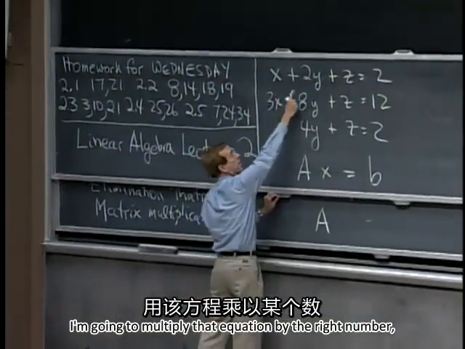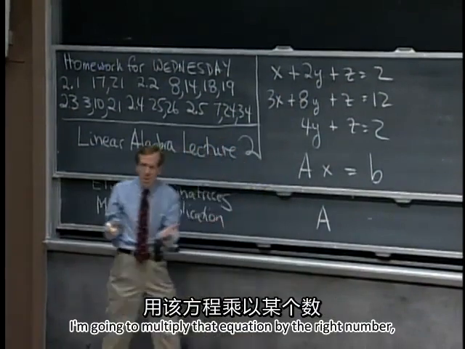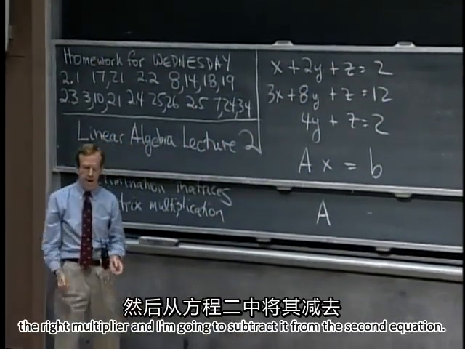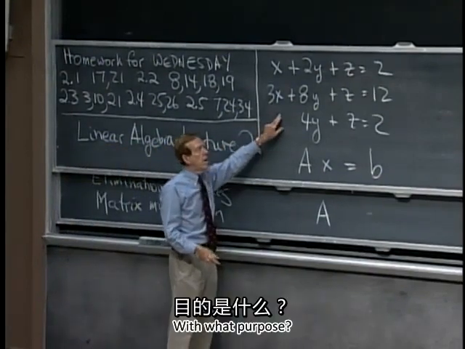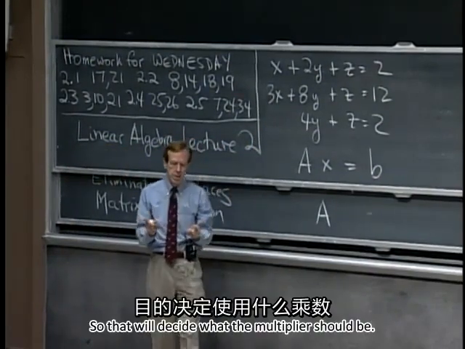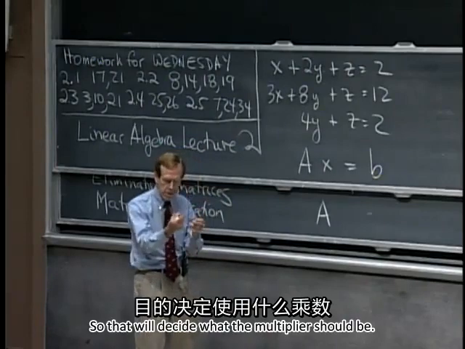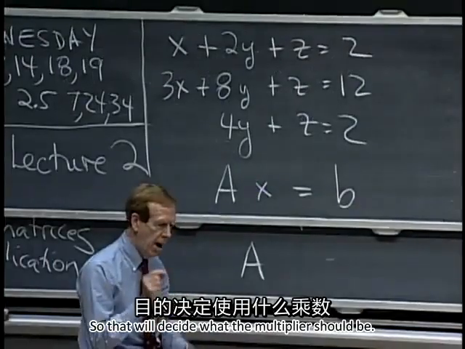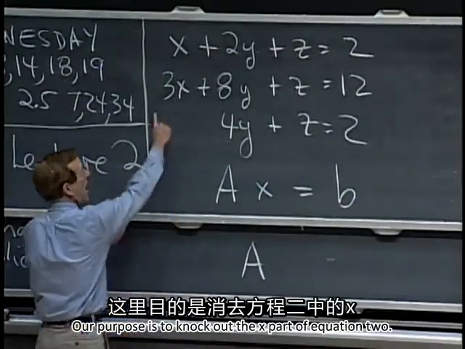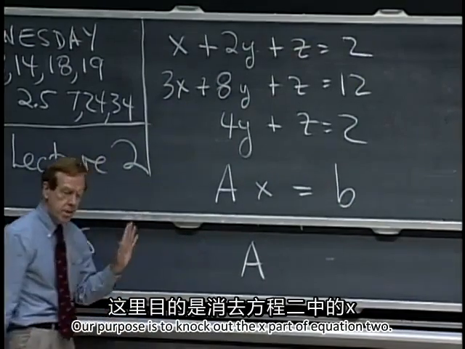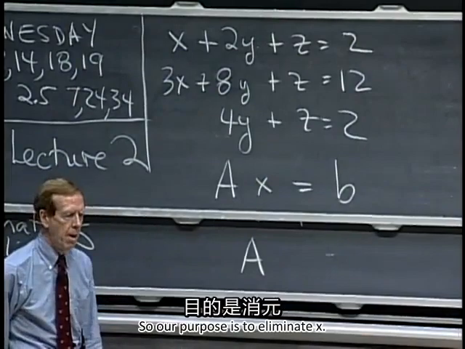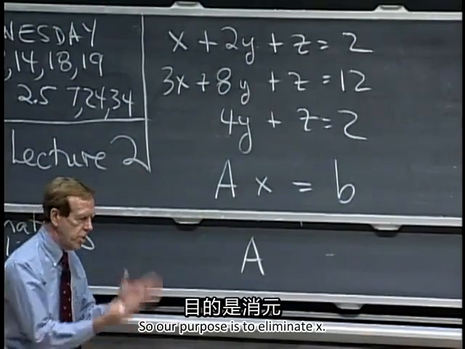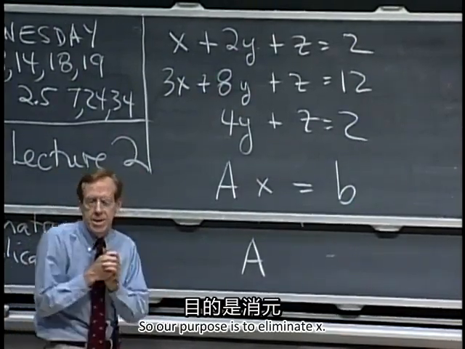I'm going to multiply that equation by the right multiplier, and subtract it from the second equation. With what purpose? Our purpose is to knock out the x part of equation 2. So our purpose is to eliminate x.